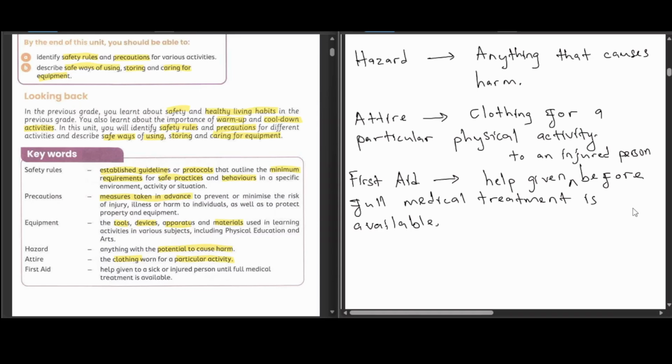You would see kuti kana munhu akaita injury in the ground, kune vanhu vanomhanya vaya kuti vamubatsire. That's the first aid. But kana injury iri serious, anombuditswa muground oendeswa kuchipatara kwaanonowana full medical treatment. Saka first aid, these are first responders, people who help an injured person before the arrival or the availability of full medical treatment. That is it.